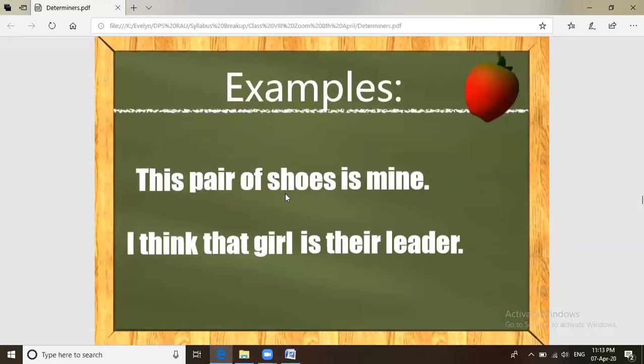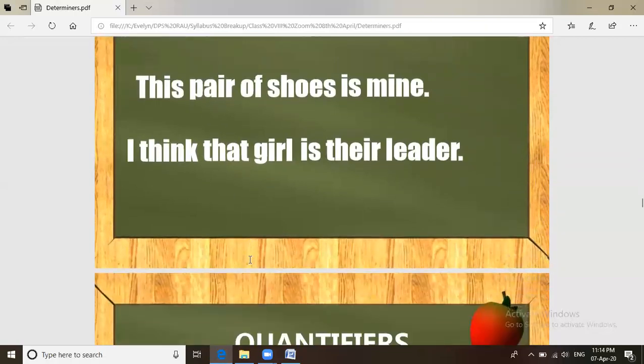The examples are: this pair of shoes is mine. I think that girl is their leader. So this here is a demonstrative determiner. That also is a demonstrative determiner.